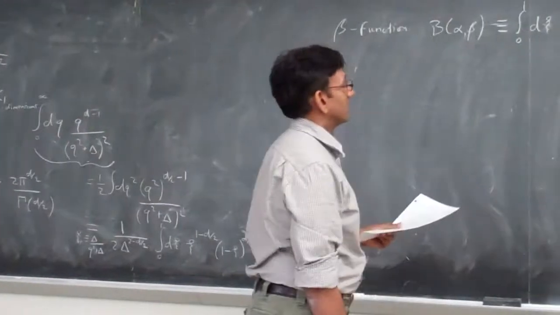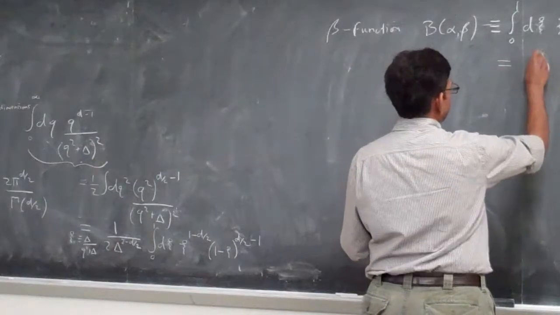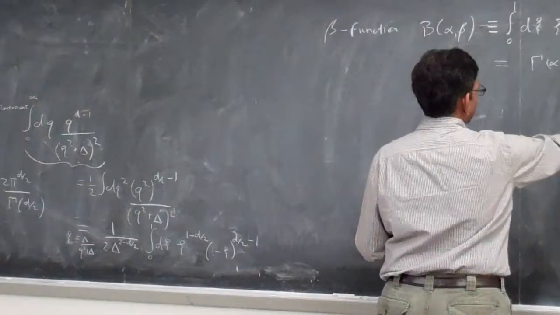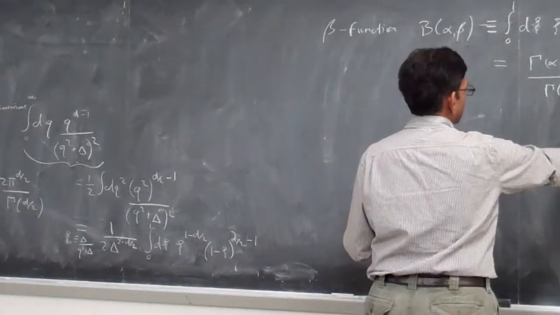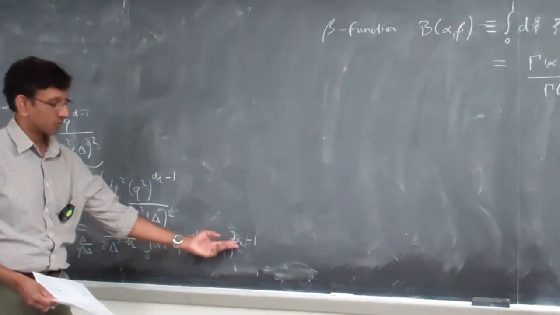And what is this integral? Well, the answer is simply the gamma function of alpha, gamma function of beta, over the gamma function of alpha plus beta. So all we have to do is stuff in our particular values of alpha and beta.